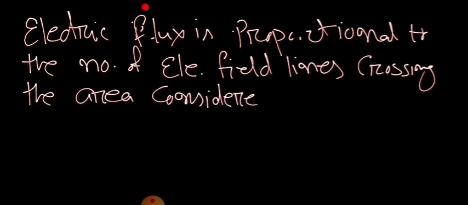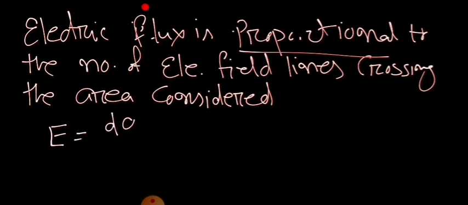Whichever area is considered, how many electric field lines are passing is proportional to that one. This is why the electric field is nothing but dφ/dS, ∂φ/∂S, we can write.